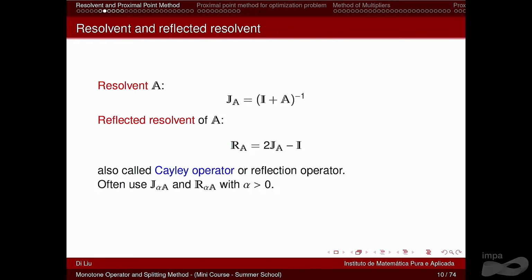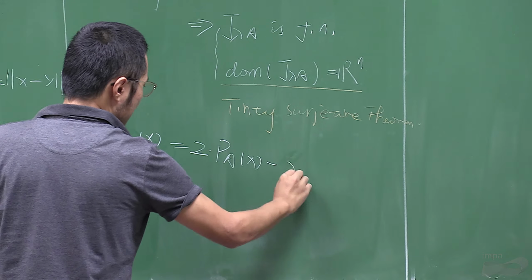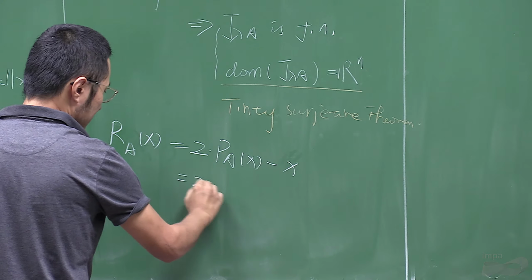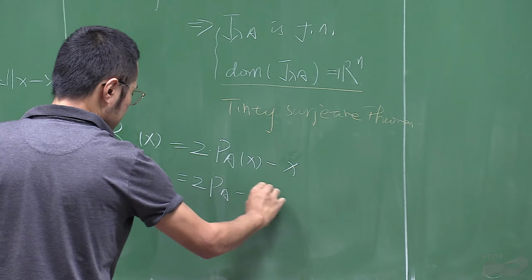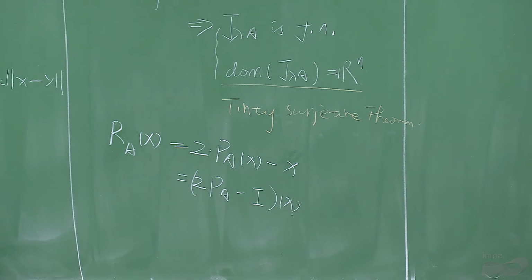We can define the reflection of point x with respect to a closed convex set A as 2 times the projection of x on A minus x. Also, you can write it as (2P_A minus identity) of x. So this is a kind of generalization of the reflection on a closed convex set.